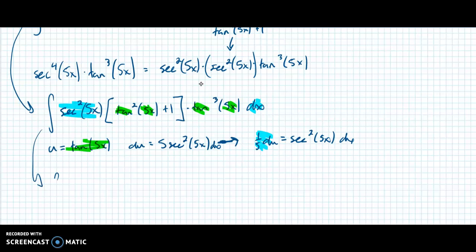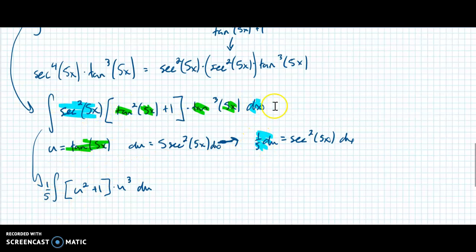This integral is equal to the integral of bracket. Remember, this is part of the du with the 1/5 out front. That's this piece. All right, u squared plus 1, close bracket, times u cubed. And then the dx paired with this gives me the du as long as that 1/5 here is out front.